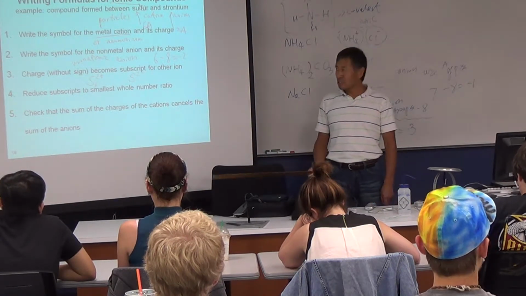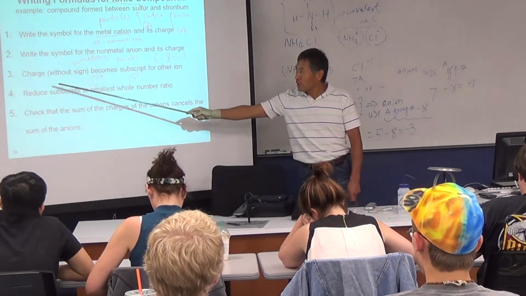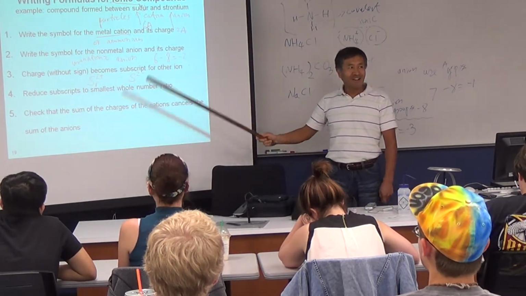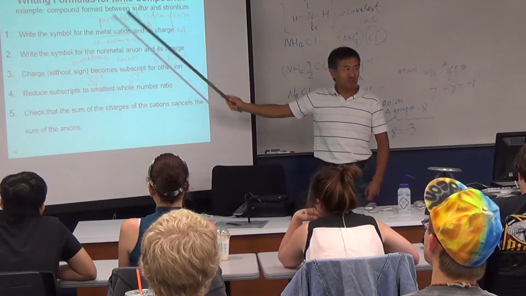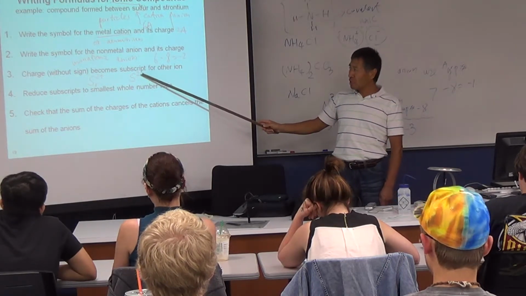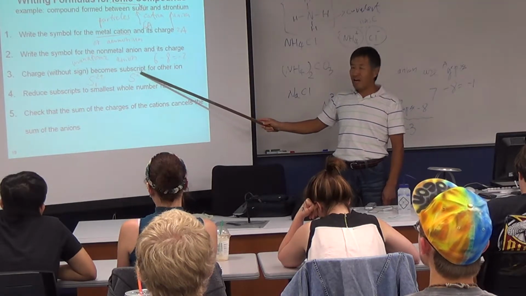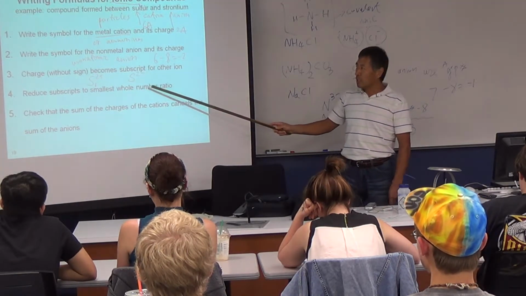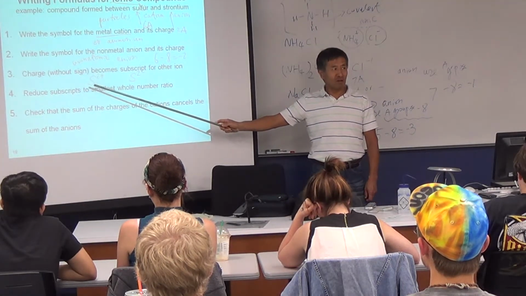Now what you do next is this. Okay? You're finishing step 3. So for step 3, we only finished the first 2 steps. What you do for step 3 is take the charge number from one ion. Okay? So let's take this one. First, you write that first.